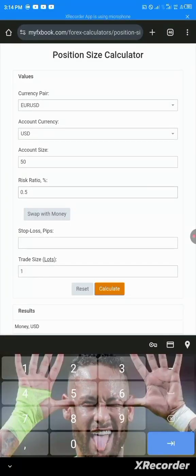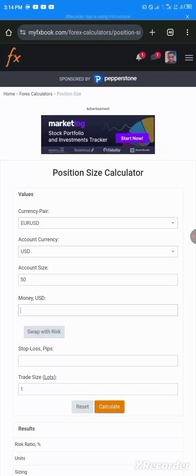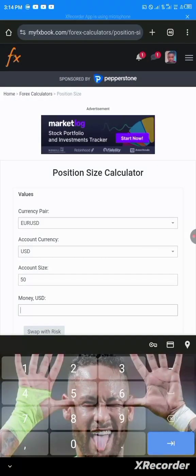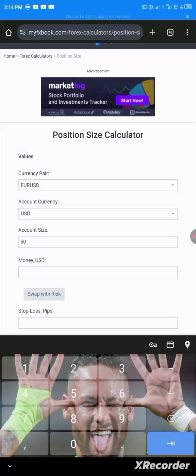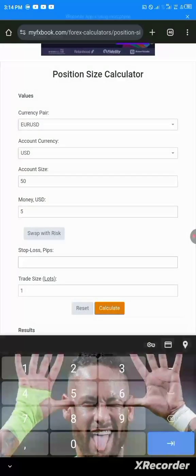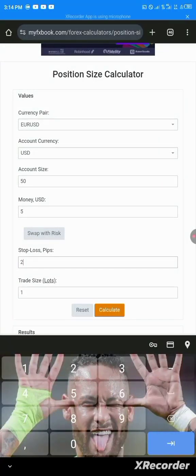This place they wrote swap for money. You can tap it, swap for money, and instead of putting your risk to reward, you can as well input the amount of money you are risking. Let me say I'm risking $5 per this trade, and the minimum lot size I use here is 0.25 lot size, although let me just stick to what I do.